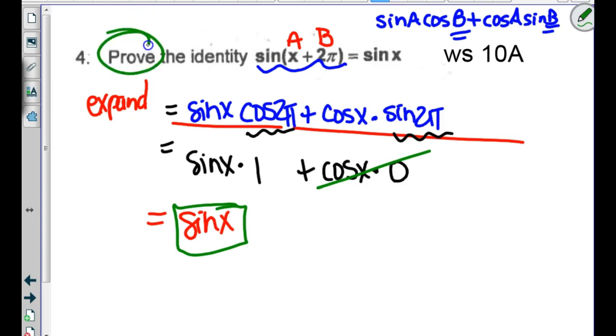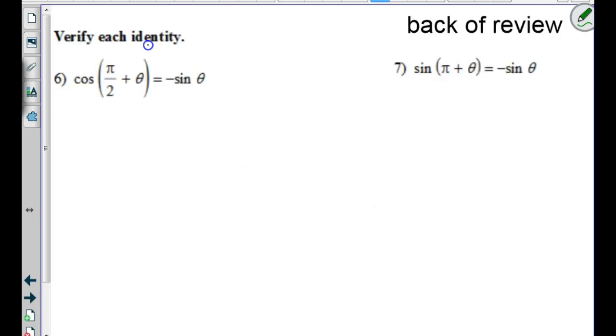On the back of your worksheet, 6 and 7 on the back of the review. Are 6 and 7 verified? Yeah. Okay, you want to just do one of them? How about 6? What does cosine a plus b say?